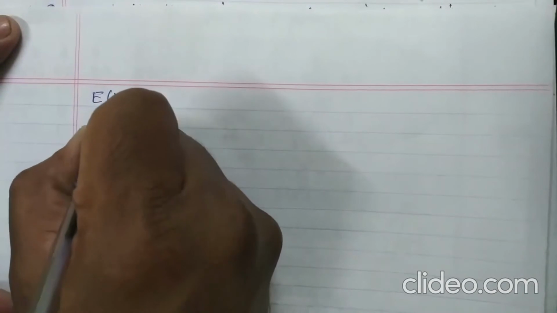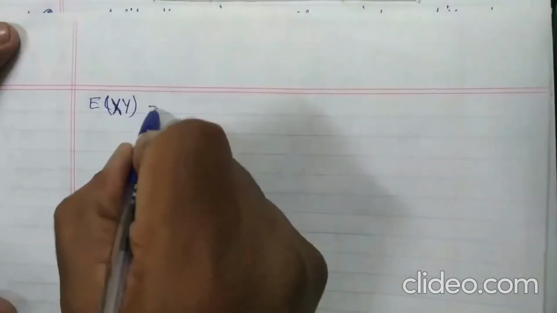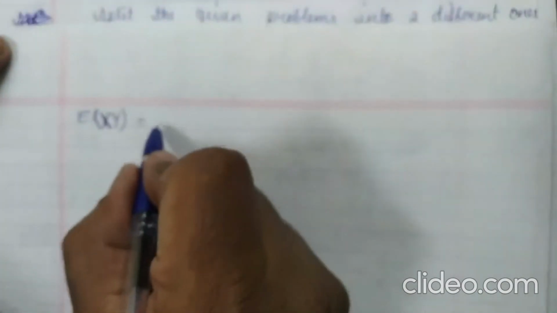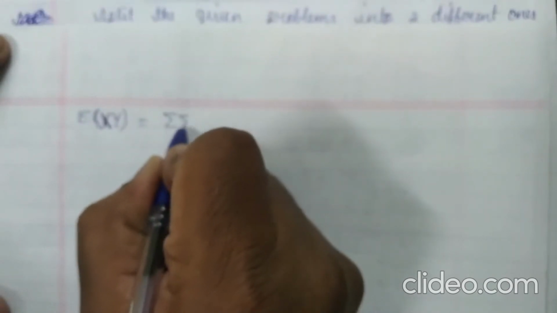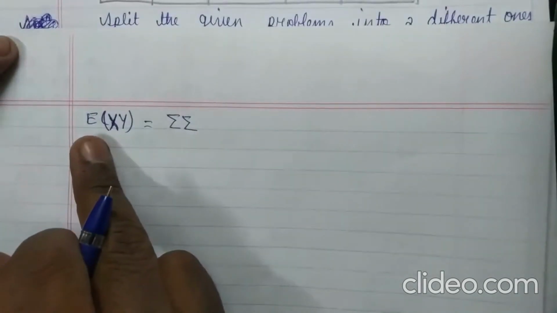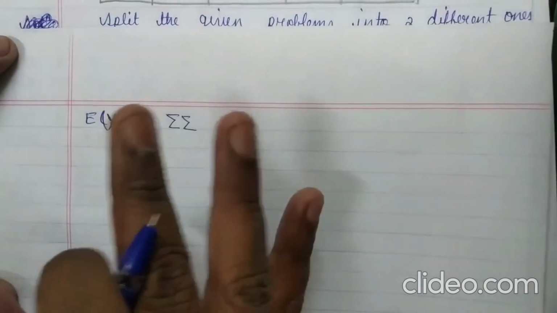Now the formula to find out E of xy, that is E of x into E of y, is equals to double summation of, sorry, my mistake, E of xy is not E of x into E of y.